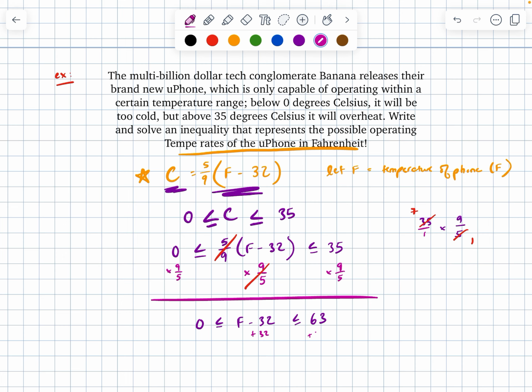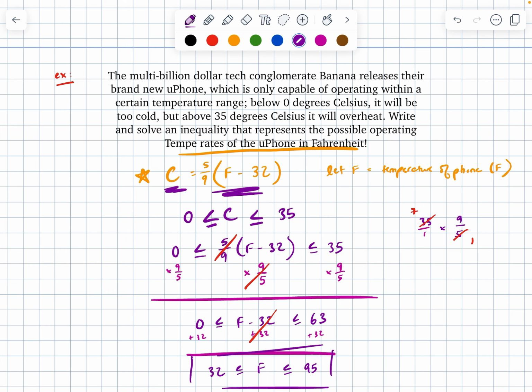And last thing I've got to do to get f by itself, let's add 32 to all three parts of our inequality. So in this case, 0 plus 32 is 32. I've got f by itself. In the middle, our minus and plus 32 undo each other. And then on the right, 63 plus 32 is 95.